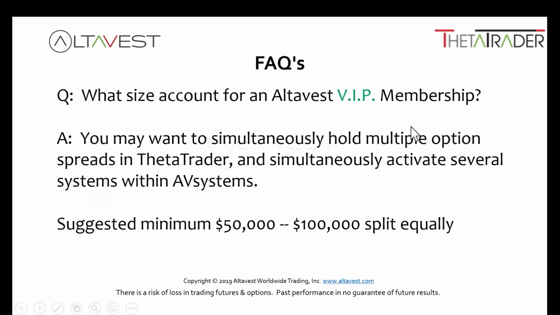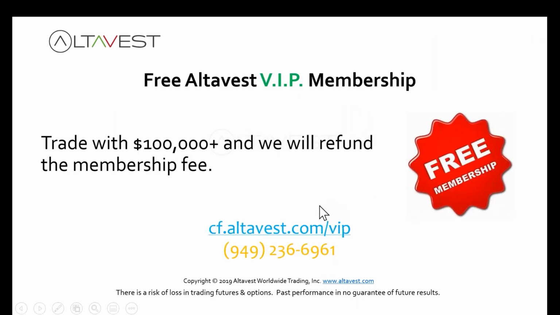And the account size, people always ask, how much money does it take? Well, for the VIP membership, we suggest $50,000 to $100,000 split between AV Systems and Theta Trader. That would allow you to have multiple option spreads and several systems in AV Systems working simultaneously. And then, of course, if you have $100,000 or more, we'll refund your membership fee. So that happens a lot.